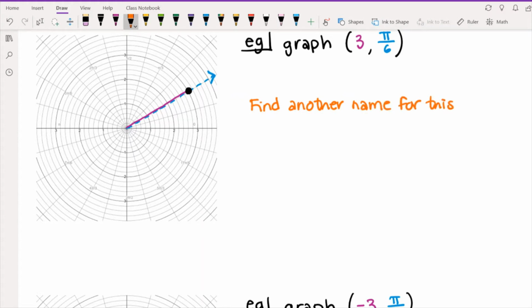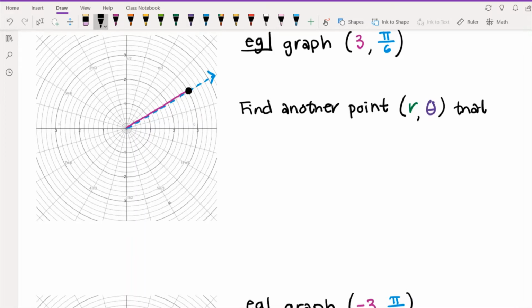Let me say this a little more clearly, and I'm going to use a different color. So let's now find another point r, theta, and I'm just going to use a different color here so that we can graph them both on the same thing without any kind of confusion. Let's say r, theta, that gives the same point when graphed.